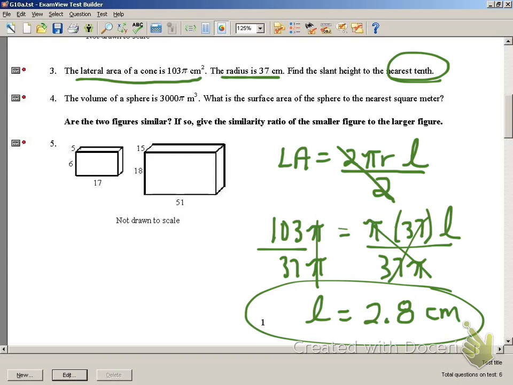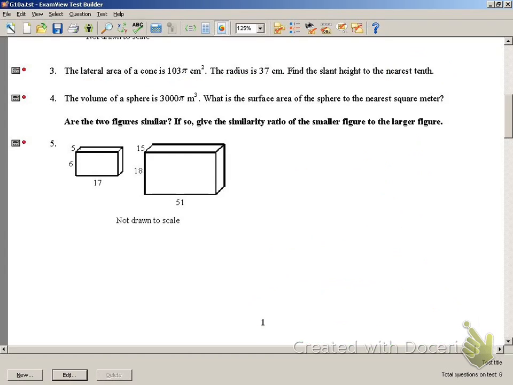Number 4 says the volume of a sphere is 3,000 pi squared meters, or I'm sorry, cubic meters. What is the surface area of the sphere to the nearest square meter? So number 4, we're looking at the volume of a sphere.